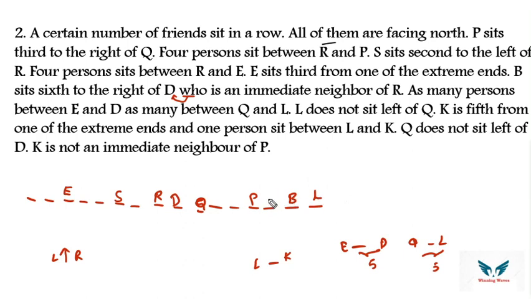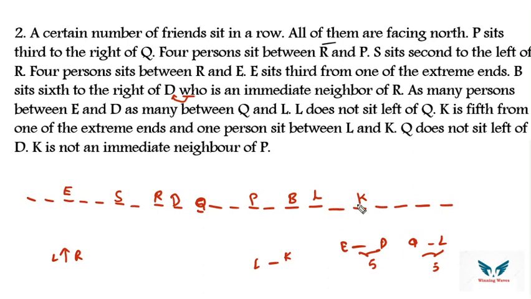Why? Because K is not neighbor of P, so we'll go towards right side. So L one person, so here you can put K, and already it is given K is fifth from one of the extreme end of the line. So towards left hand no chance, so towards right hand we'll go 1, 2, 3, 4, 5. So K is sitting fifth from one of the extreme end of the line.